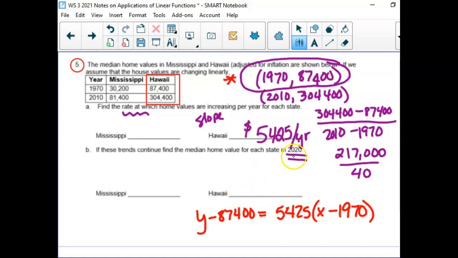And then where do I need to put this value? Is that an x or a y? We used years as x, right? So I'm going to put in for x 2020. You don't have to do it this way at all. I was just showing you that you don't always have to calculate out the whole fancy equation.